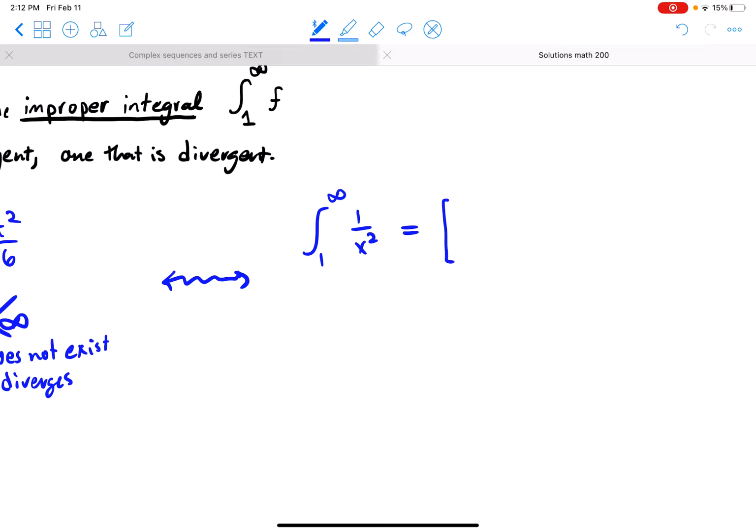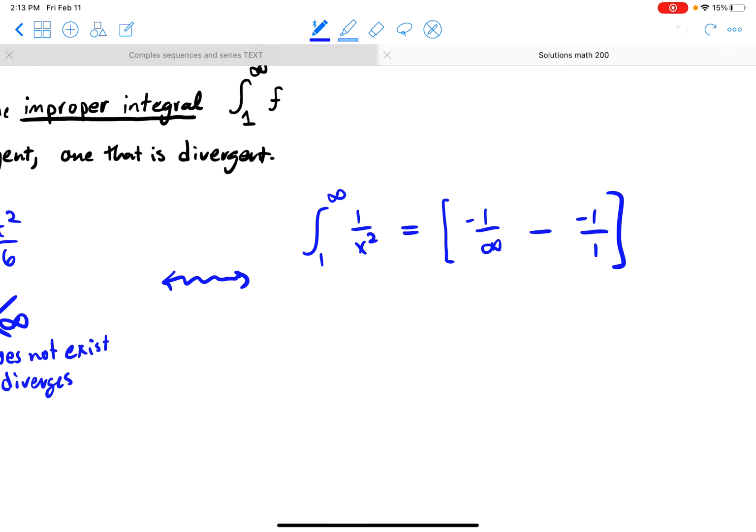Well, f of b, but I can't plug in this. I'd like to do minus 1 over infinity minus 1 over 1. Sort of plugging in infinity and 1, but this is not a number.